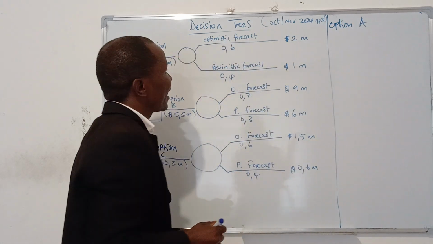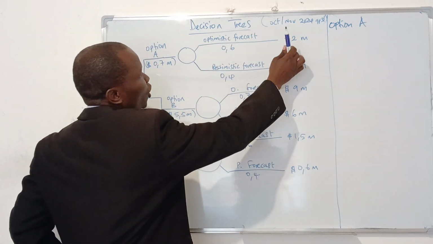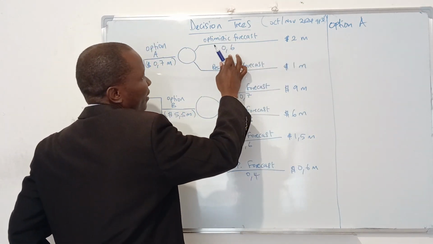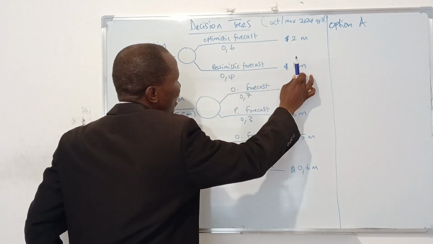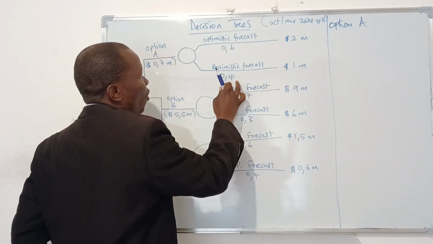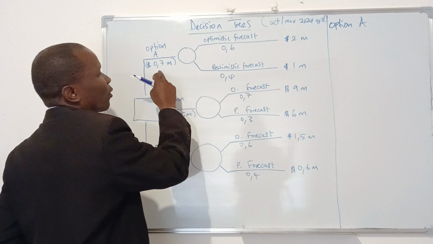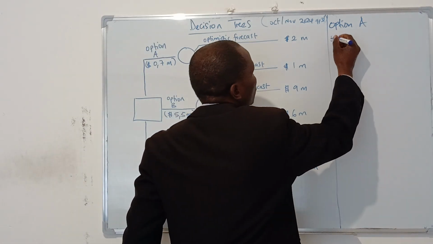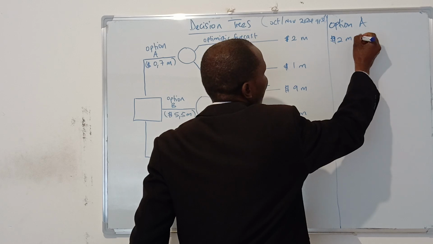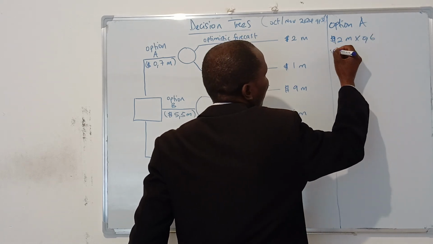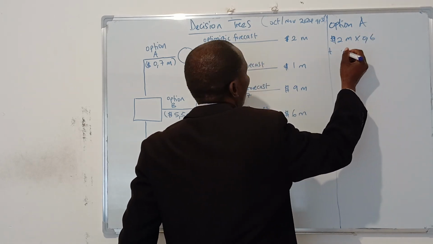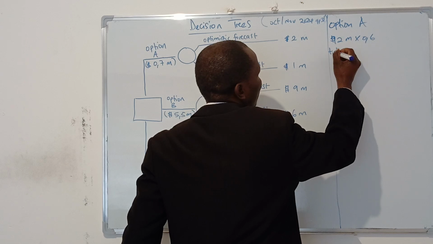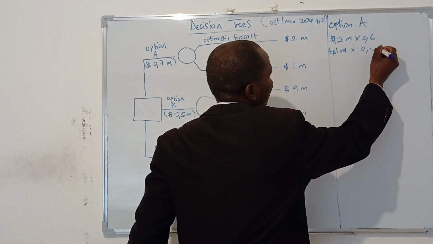For option A, we are simply going to multiply 2 million times 0.6, then plus 1 million times 0.4, and then subtract the cost. Which means 2 million times 0.6 plus 1 million times 0.4.